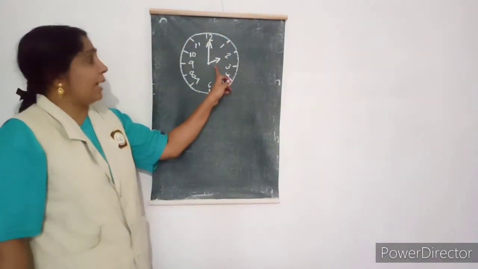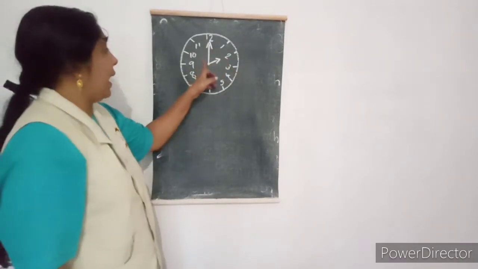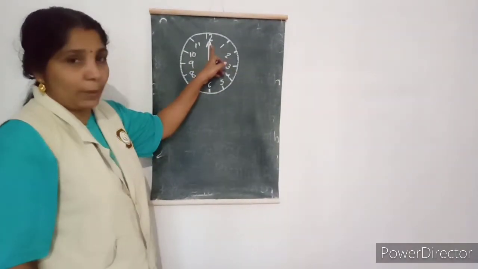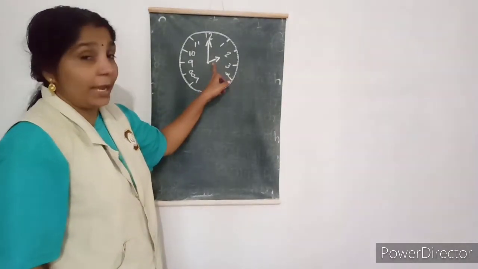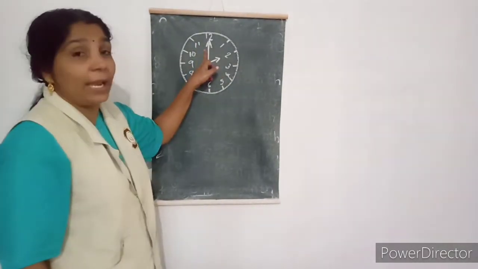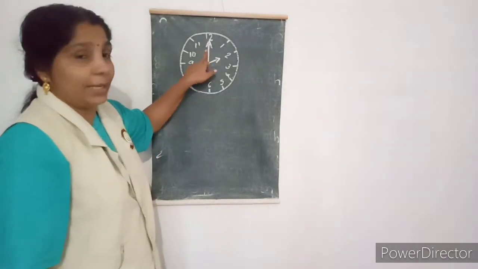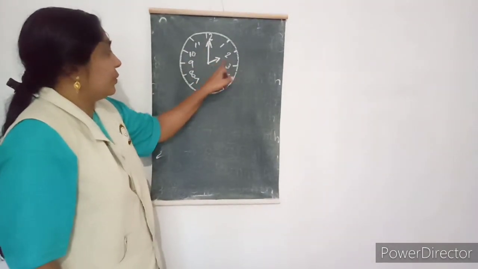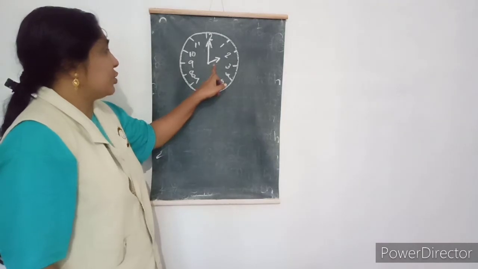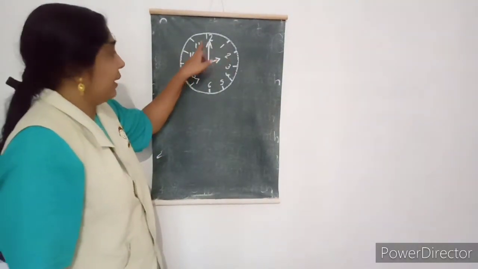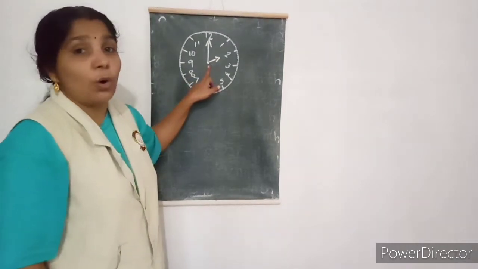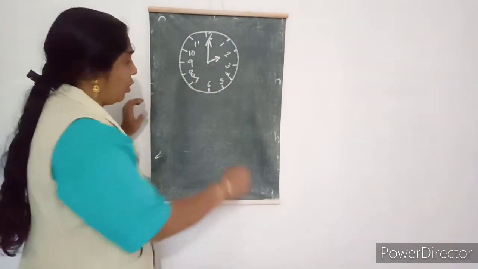The short hand is at 2 and the long hand is at 12. The short hand is the hour hand and the long hand is the minute hand. So here it is 2 o'clock.